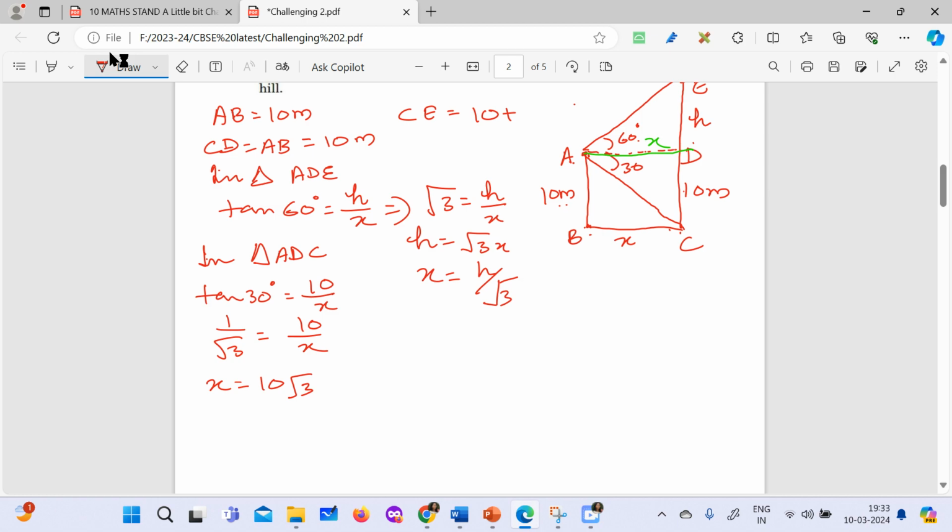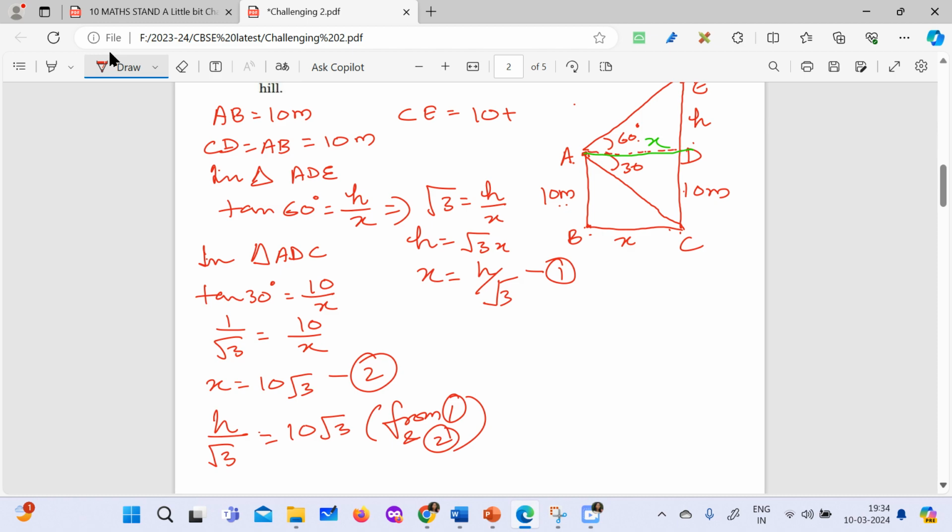Okay, so we are going to take this as 1 and this as 2. Here we got x equals 10 root 3 and h equals root 3 x. So both are the values of x, so we can equate it. h over root 3 equals 10 root 3. So this we can say from 1 and 2.